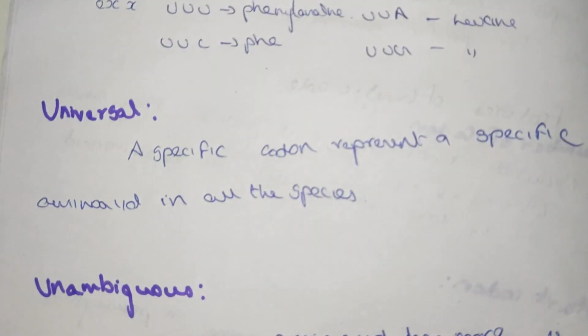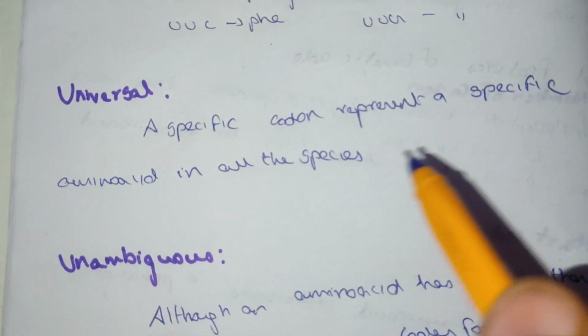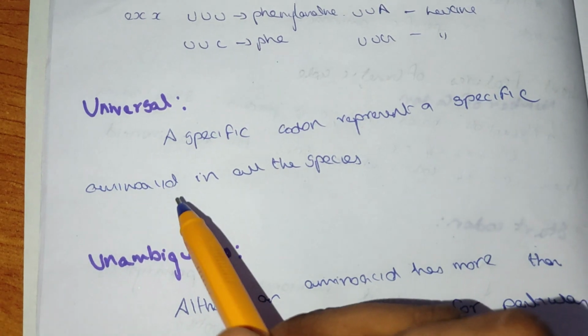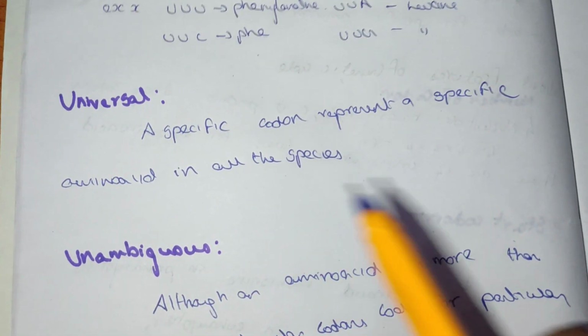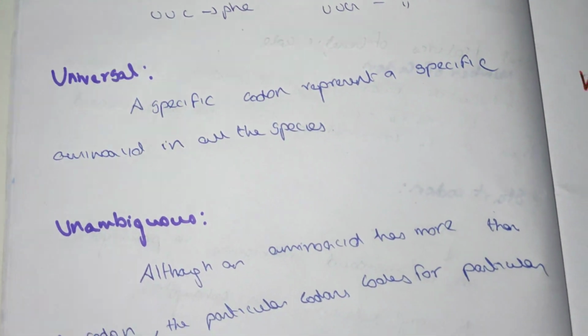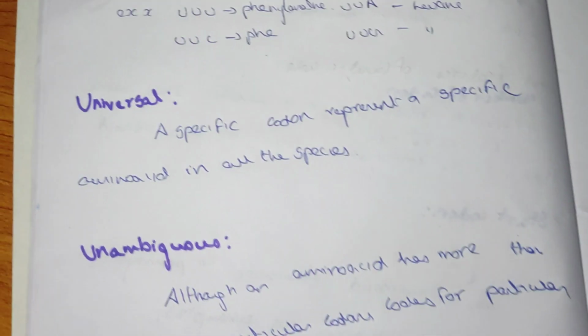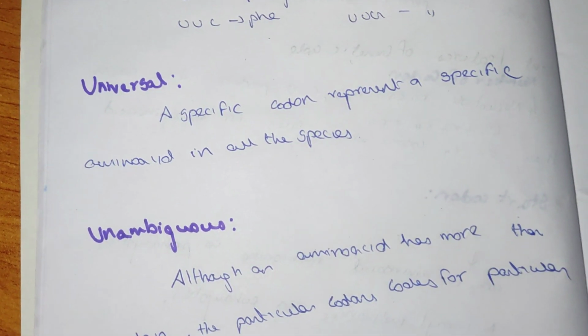Universal: a specific codon represents a specific amino acid in all species. When there is a specific codon, it represents that specific amino acid, not other amino acids.